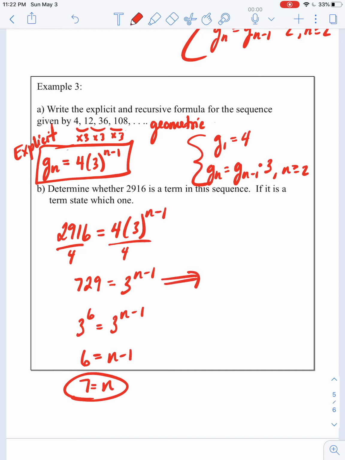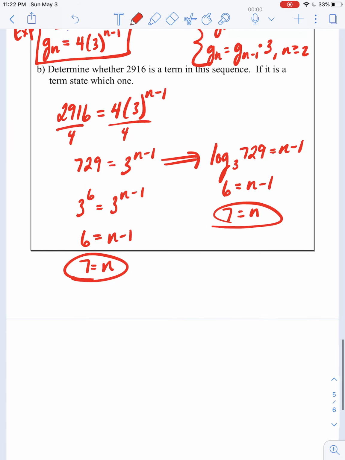The other option you could have done here is you could have used logs. So we could have said log base 3 of 729 equals n minus 1. And log base 3 of 729 is 6. And so again, we get 7.